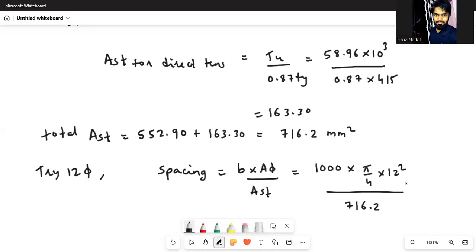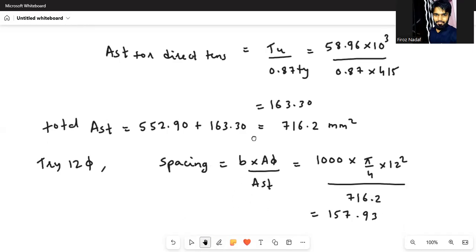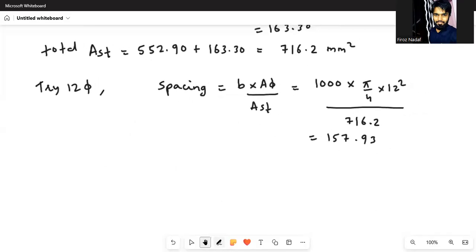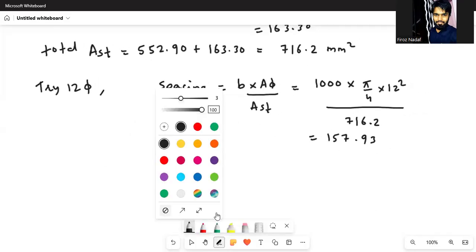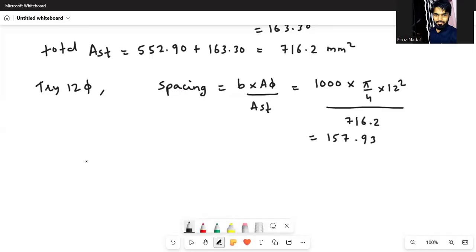Okay. So the spacing that is coming as 157.93. Okay. But what you have to provide is less than this.